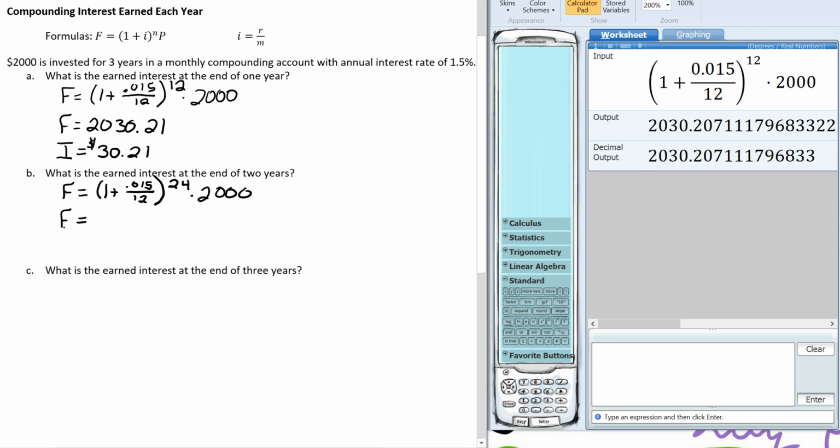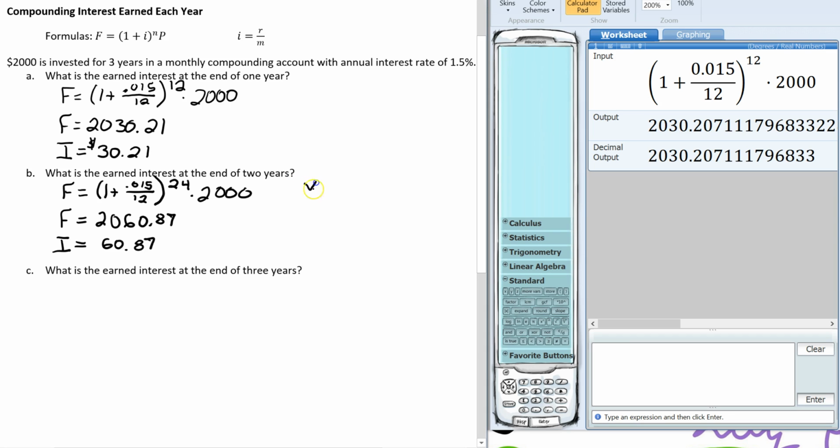This value becomes $2,060.87. That means the interest earned by the end of the second year is $60.87. Now that's the accumulated interest from year 1 and year 2 put together.